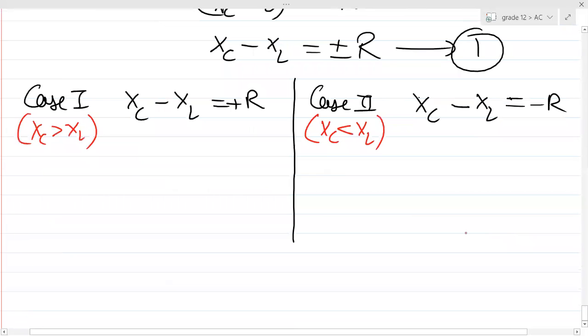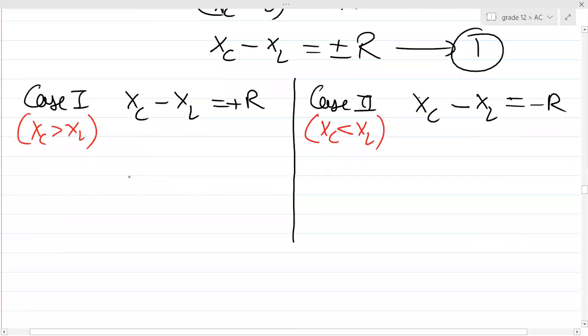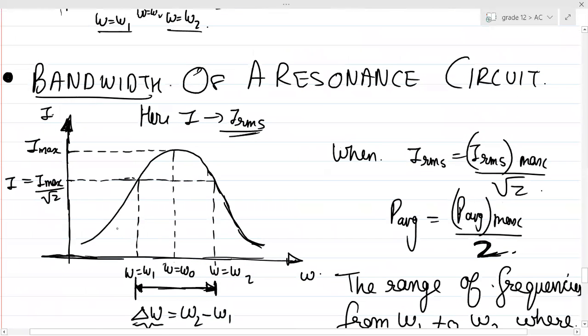So let's solve. So can I write this thing XC minus XL as, let's say, 1 upon omega 1 into C. And please remember, why am I writing 1 upon omega 1? Because can you see, when the circuit here on this side it was capacitive, right? And on this side it was inductive.